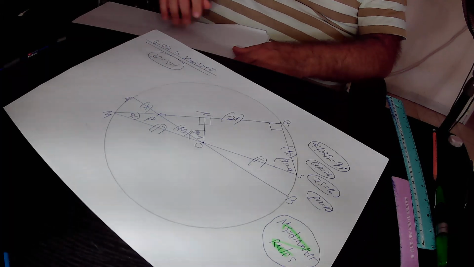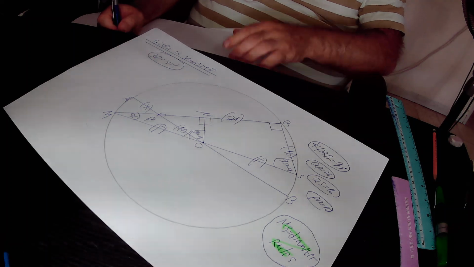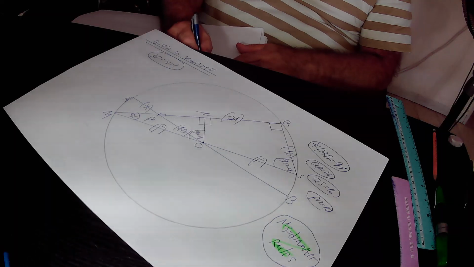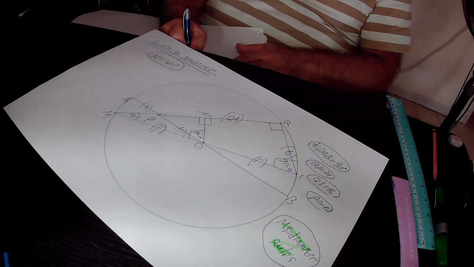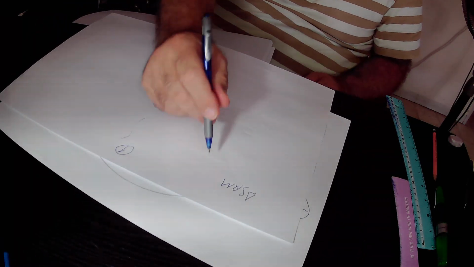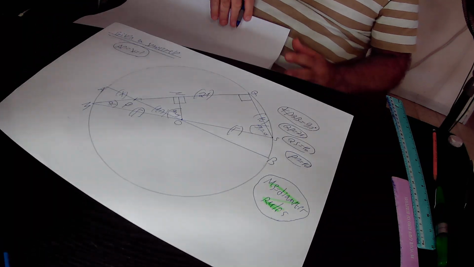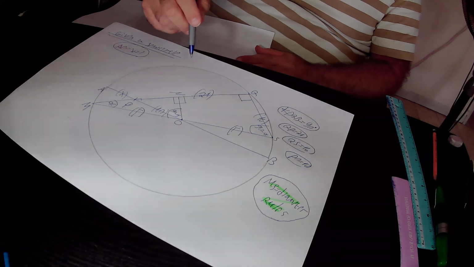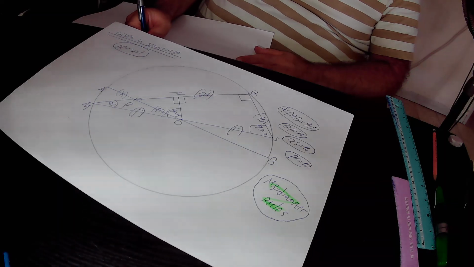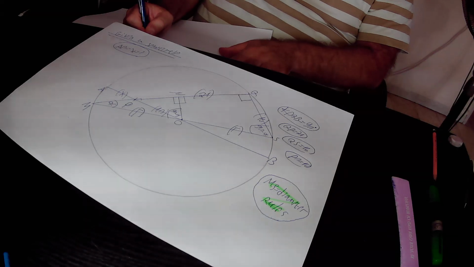We actually found out that the big right triangle SQM is similar, this is the sign of similar, to the small right triangle NOM according to the angle similarity rule.